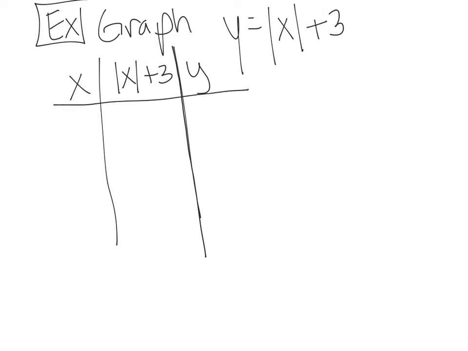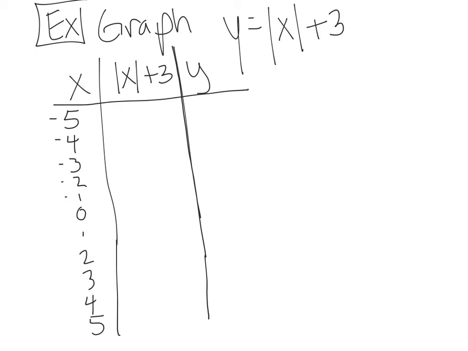When you're choosing your inputs and your outputs, go ahead and choose a wide range. So we're going to do -5, -4, -3, -2, -1, 0, 1, 2, 3, 4, 5. Because this is a really unfamiliar function for us, that's why we're choosing such a long list.